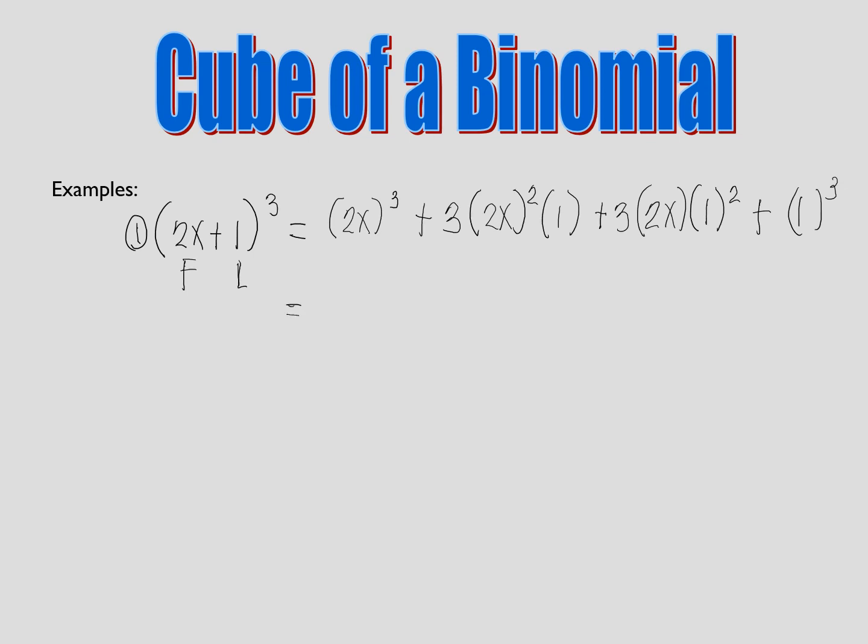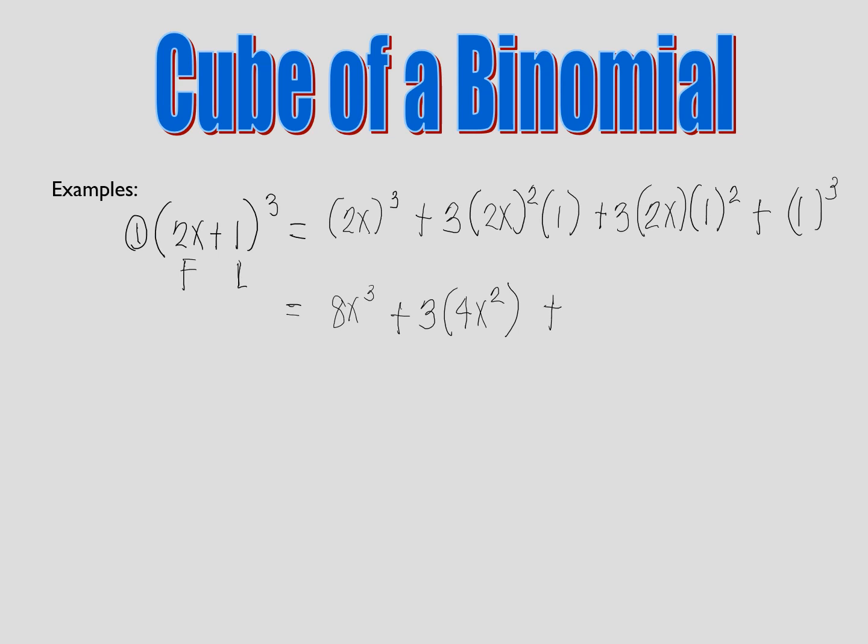So we have 2x times 2x times 2x, it's 8x to the power of 3. Plus 3 times 2x squared, which is 12x squared. For any number multiplied by 1 is just the number itself, so there's no need for us to put 1 again.